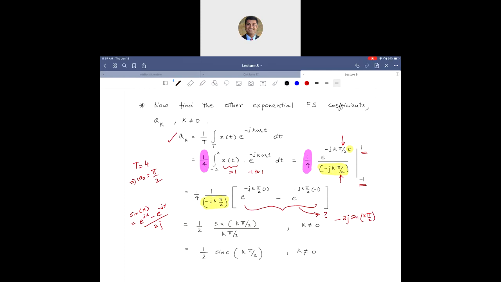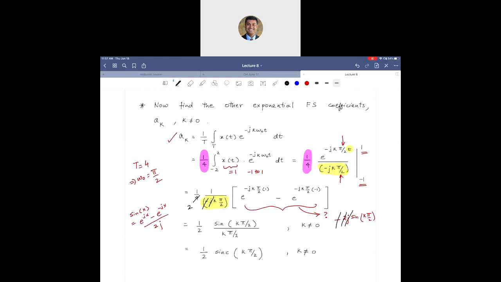Next, the negative sign will cancel out with that negative sign. The 2 in the numerator will make this 2 in the denominator. J in the numerator will cancel out with j in the denominator.